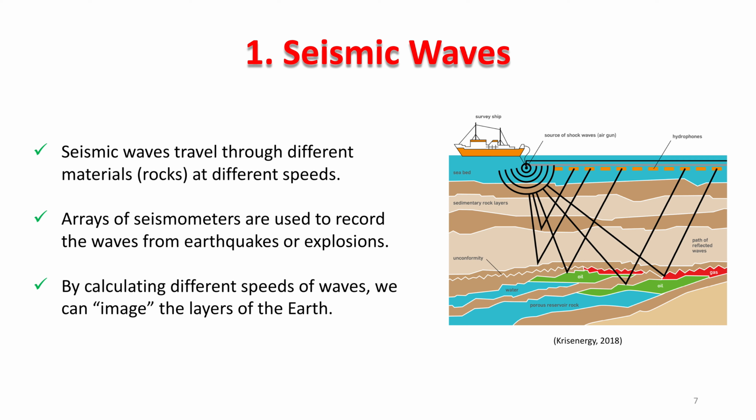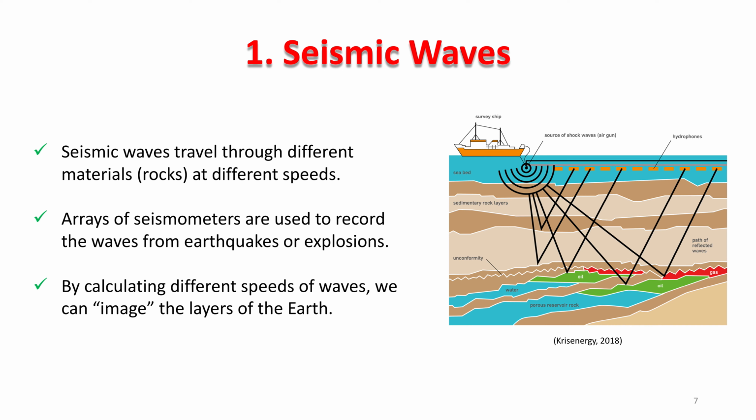For the seismic waves, first of all, seismic waves travel through different materials differently. In the Earth, seismic waves travel through different rocks at different speeds. So if you know the seismic speed of a medium, you have a pretty good chance of saying what kind of material that is. Seismologists build arrays of seismometers and try to record the waves from different sources.